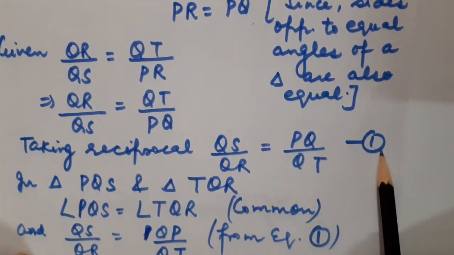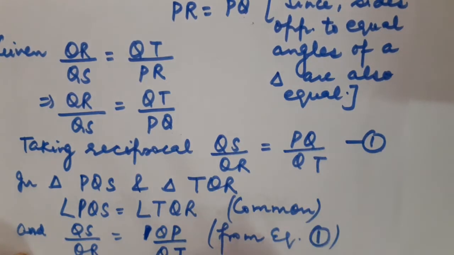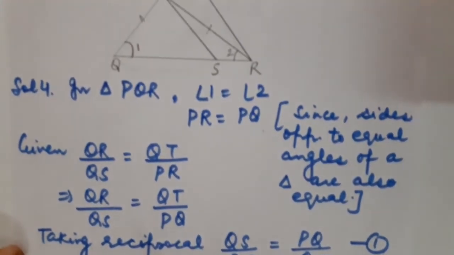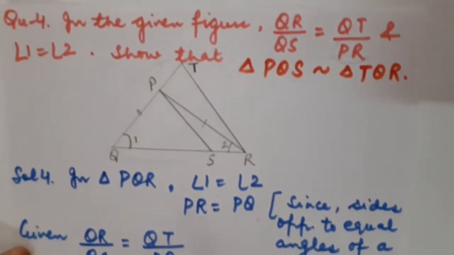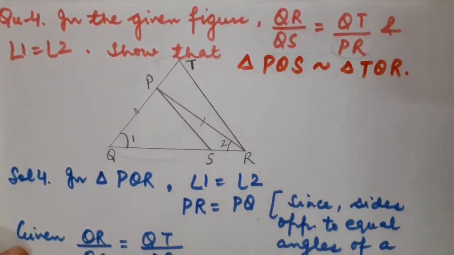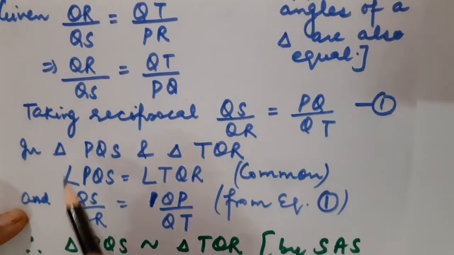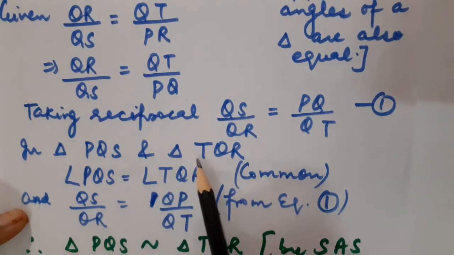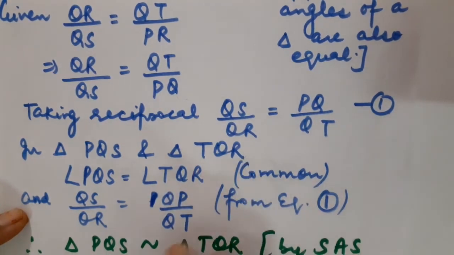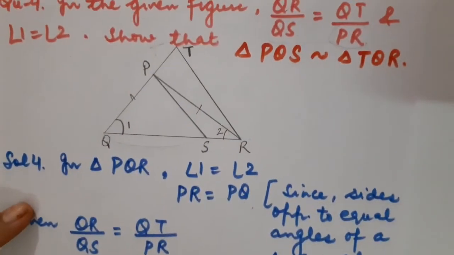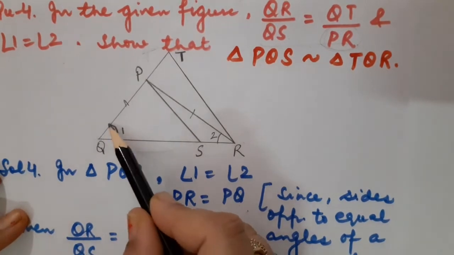Let it be considered as equation number 1. Now children, take those very triangles which you have to prove as similar. What are those? Number 1, triangle PQS and triangle TQR. Children, just tell me one thing. Here angle Q is common.